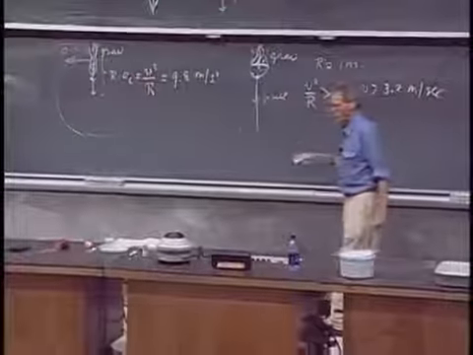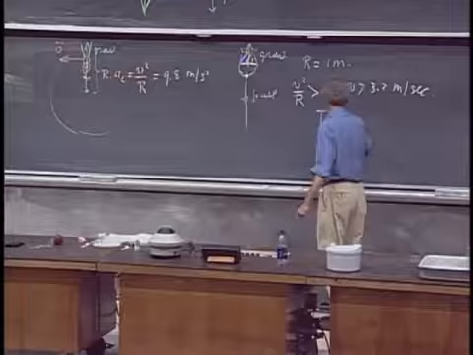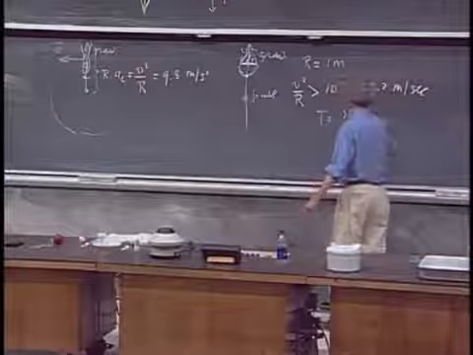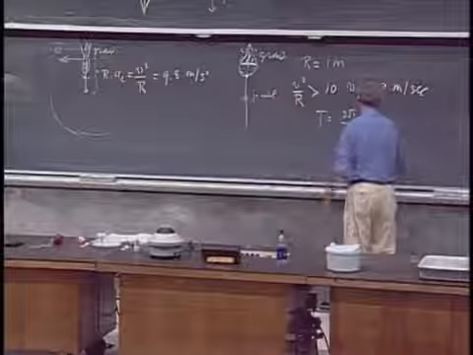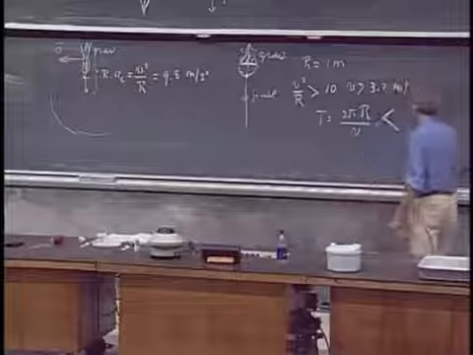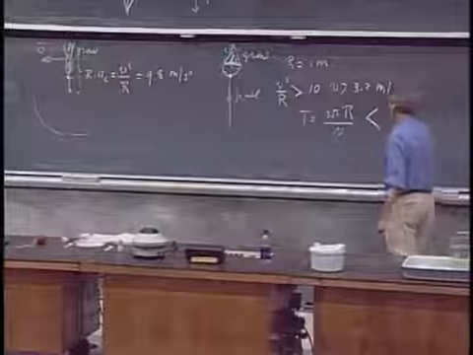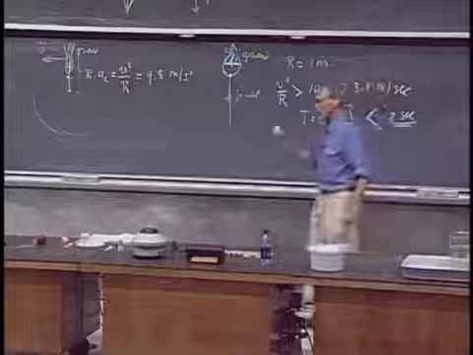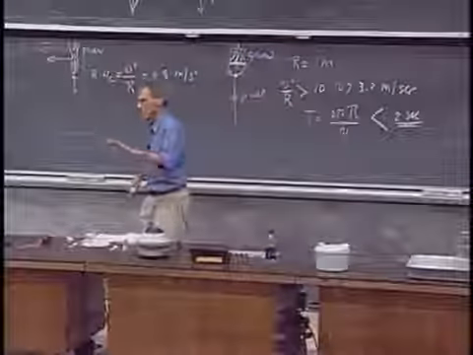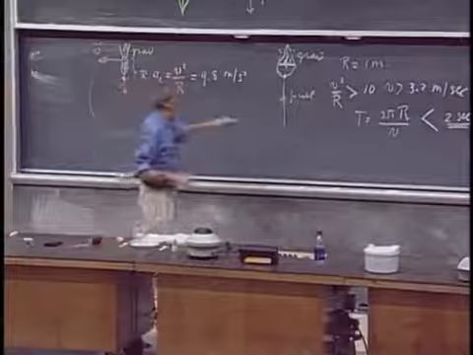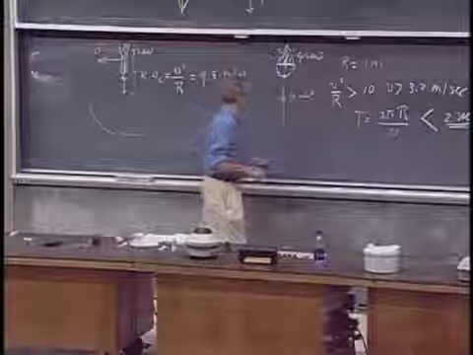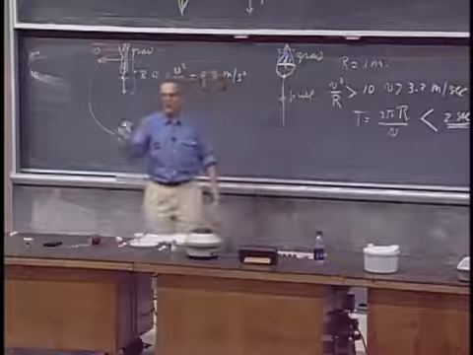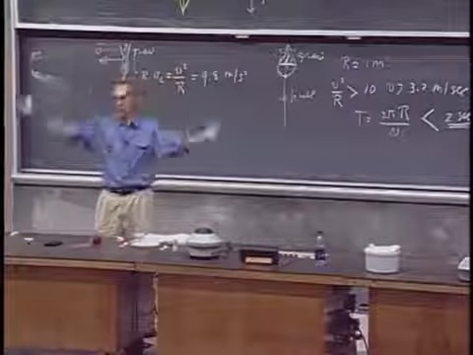The time to go around is 2 pi r divided by this velocity. So this time to go around then has to be less than 2 seconds. So if I swing this around in less than 2 seconds, I would be okay. Now I realize that the speed when I move this thing around is not constant everywhere. That's very difficult to do because of gravity.